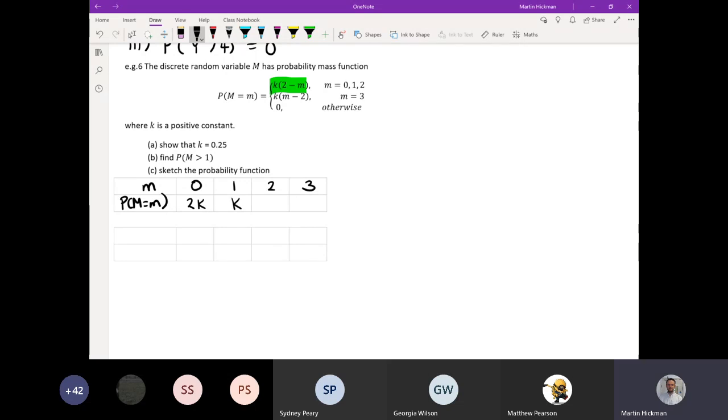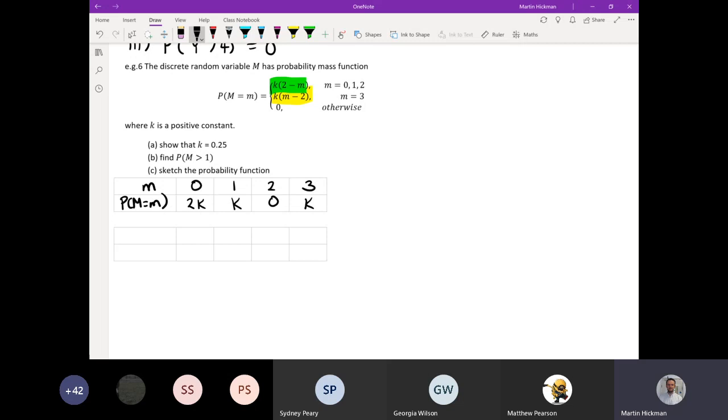When m is 2, we follow this rule that's in green. So 2 minus 2 is 0, times by k is 0. So actually 2 is impossible here. When m is 3, I need to follow the second rule, which is m take away 2 this time. So 3 take away 2 for 1, times it by k, we get k.